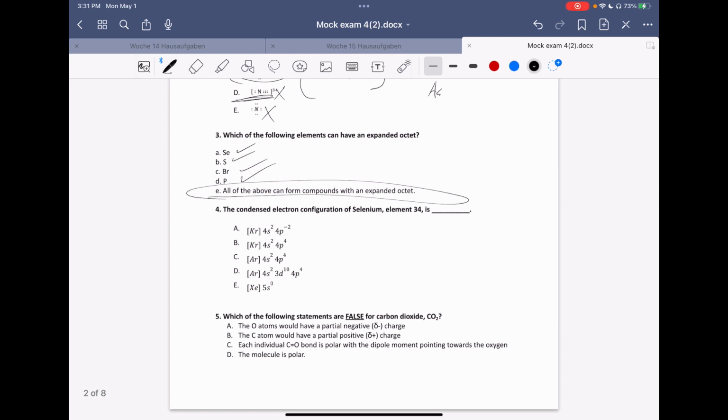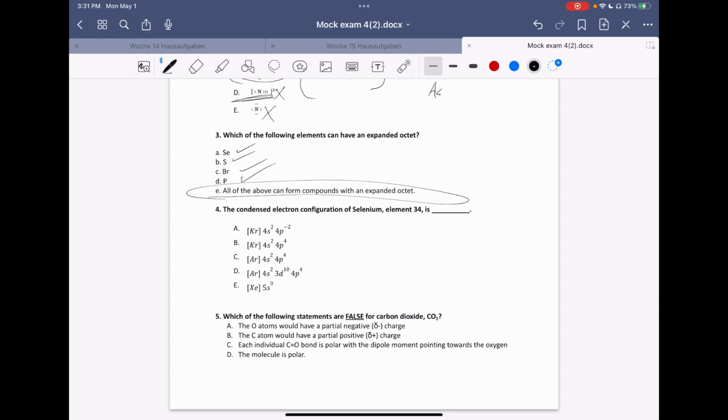The condensed electron configuration of selenium, element 34, is, so remember for noble gas notation, you start with the noble gas core. Selenium is 34, so that's in the fourth row.